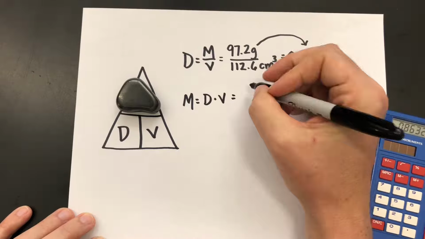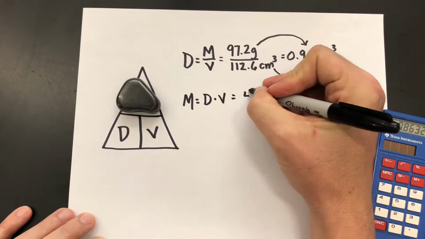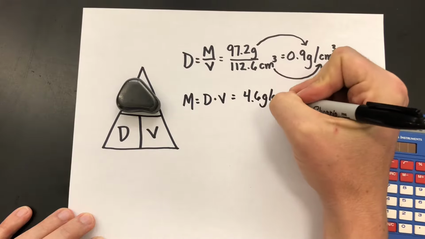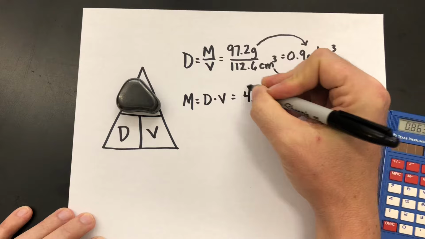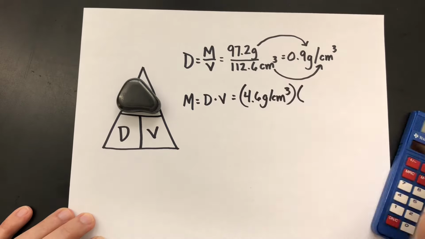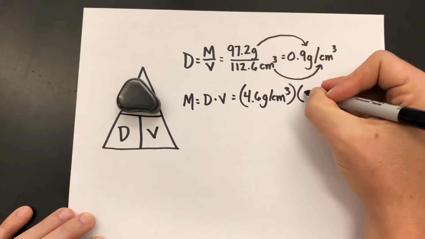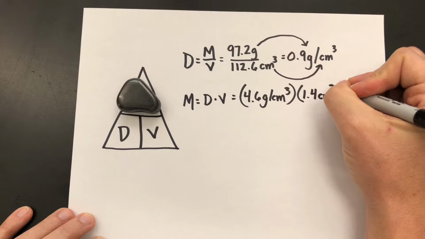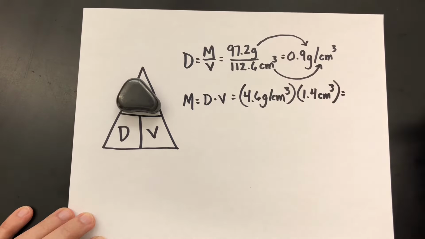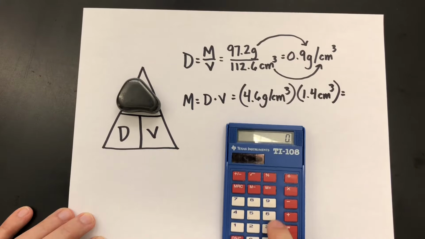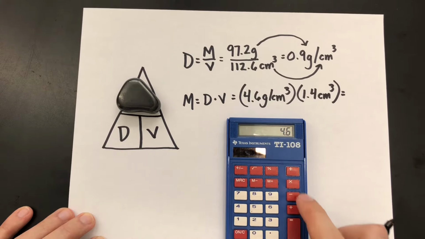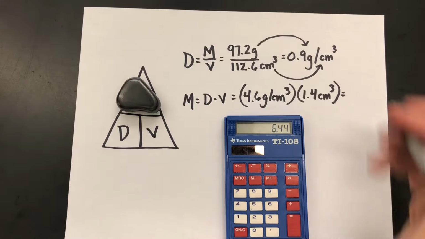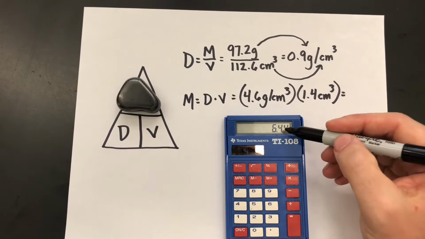So if I take a density of 4.6 grams per cubic centimeter, and then multiply that by the volume, 1.4 cubic centimeters, I'd take those numbers and multiply them. 4.6 times 1.4, and that's going to come out to be 6.44.